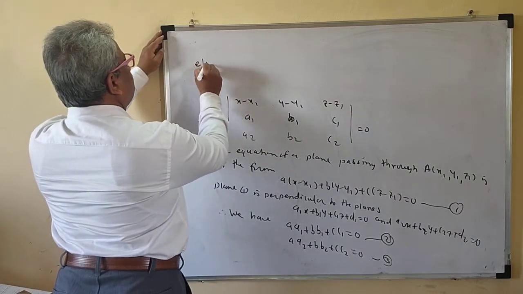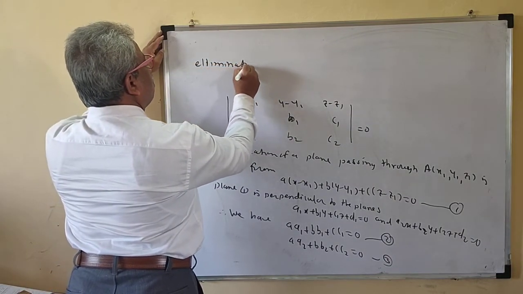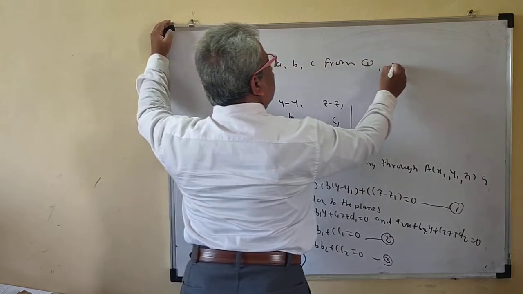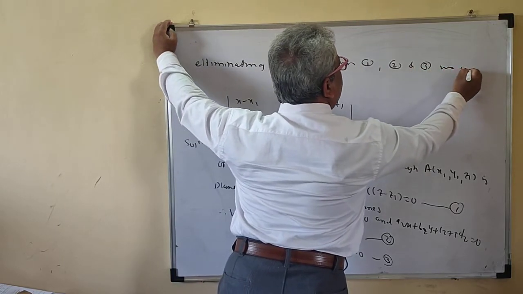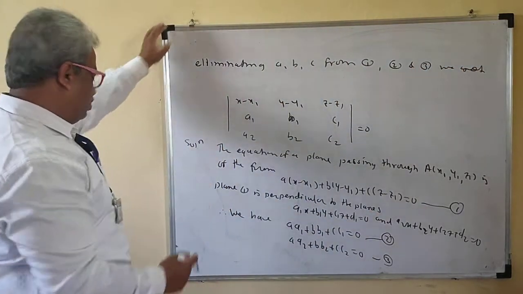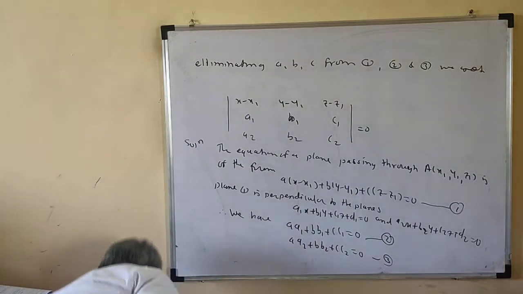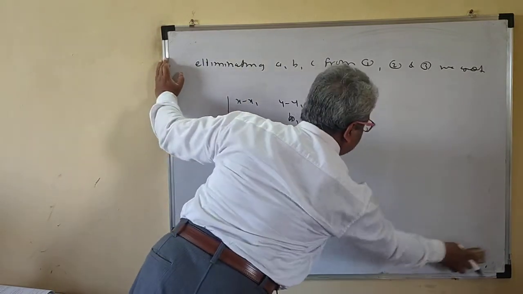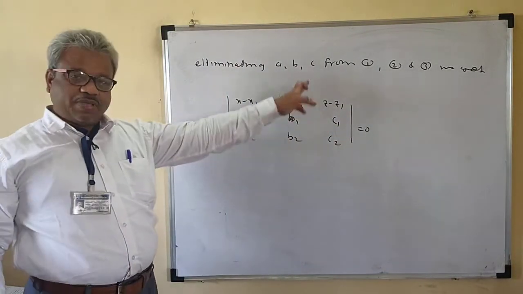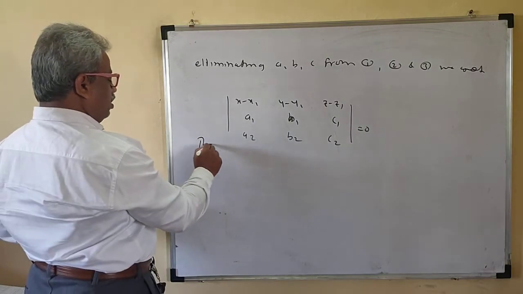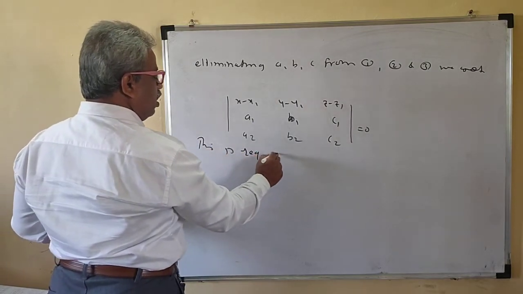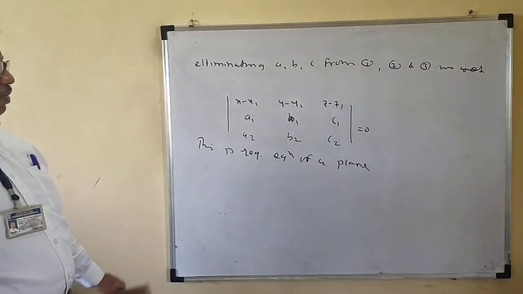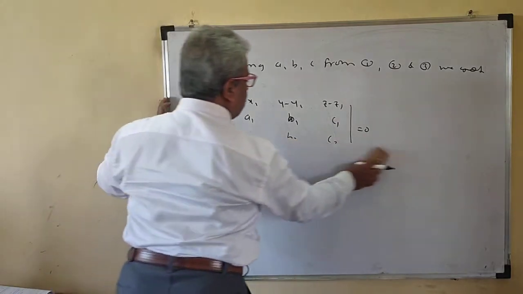Eliminating a, b, c from 1, 2 and 3, we get this, and this is the first degree equation. Now see, this is the coefficient of x, coefficient of y and coefficient of z. Okay, so this is the required equation of a plane. So the theorem is over here.